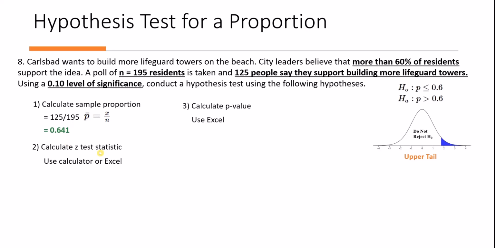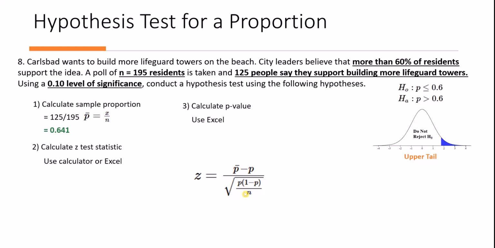Step 2, when we're dealing with proportions, we will always be working with Z values. So you could use a calculator or Excel to calculate your Z test statistic. Here is our formula for proportions. We're going to take our sampling error, our sample proportion minus our population proportion, divided by the standard error for the population proportion, which is going to be the square root of P times 1 minus P divided by the sample size.